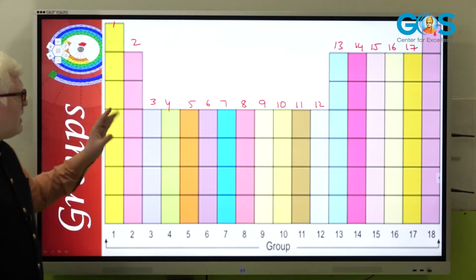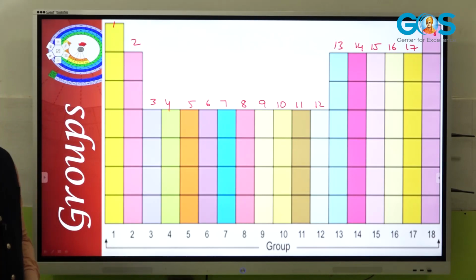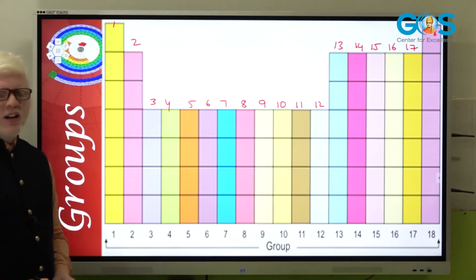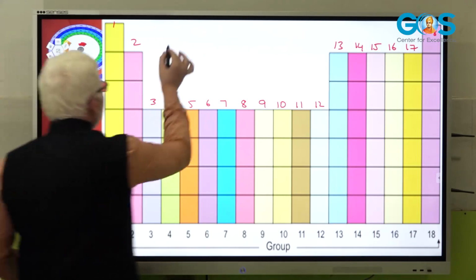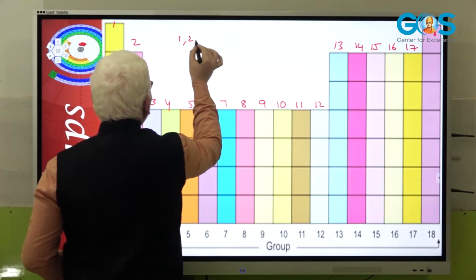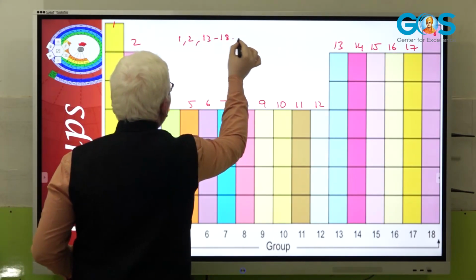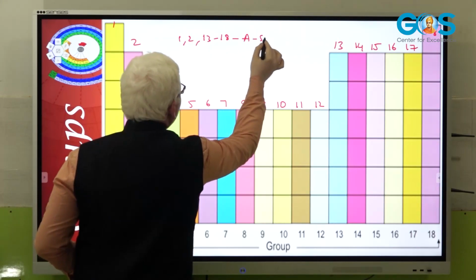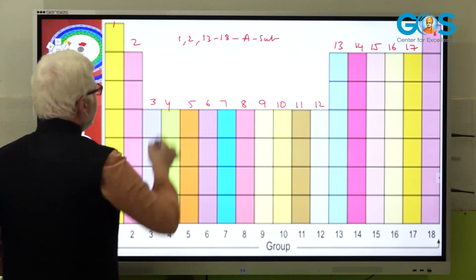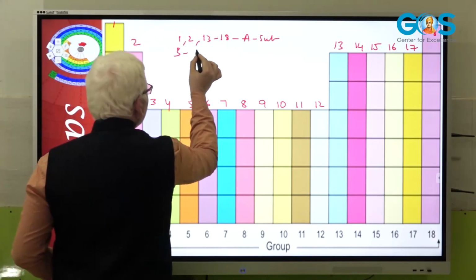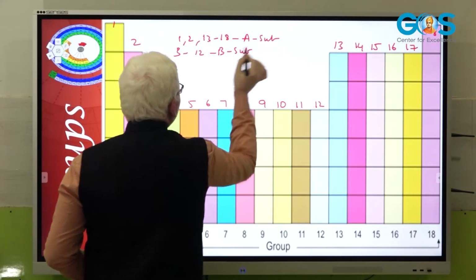All the 18 groups were divided into two subgroups. Groups 1, 2, and 13 to 18 are called the A subgroup, and groups 3 to 12 are called the B subgroup.